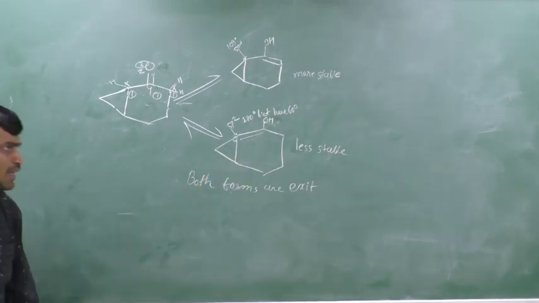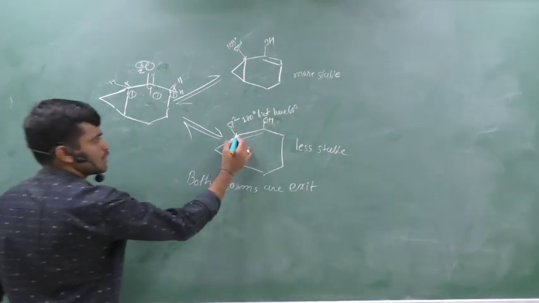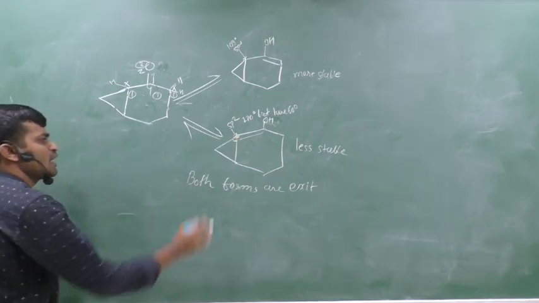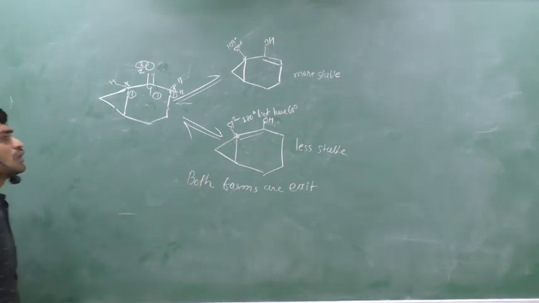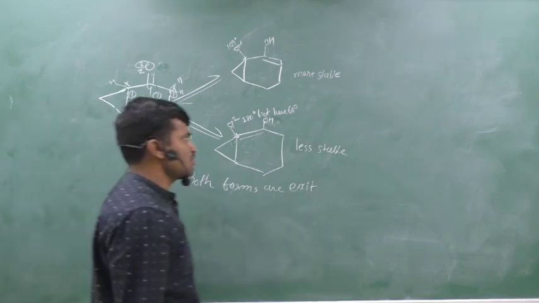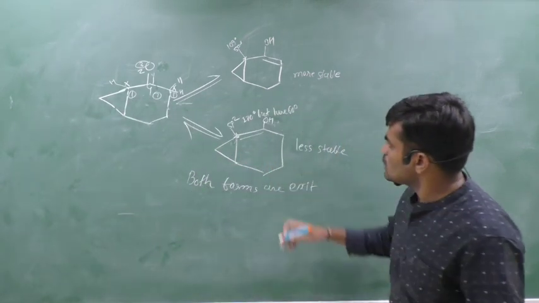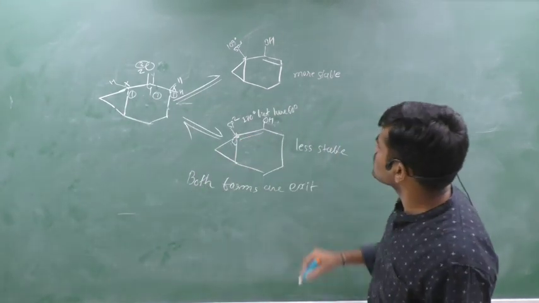Compound is like that. Now the problem is that this carbon now undergoes sp2 hybridization. The angle is 120, but actually this angle is now here 60.